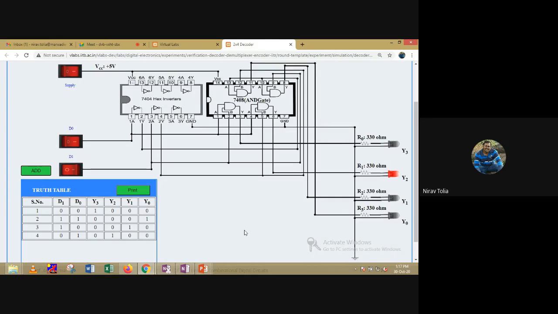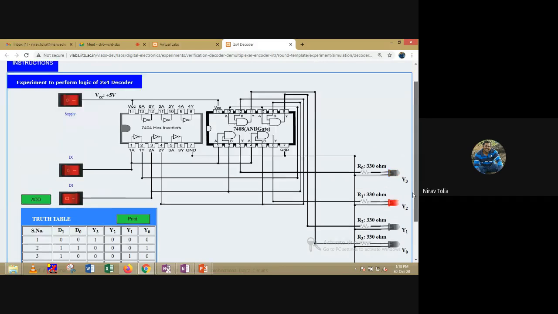But here the reverse is happening. So there is a mistake in the simulation of the decoder.